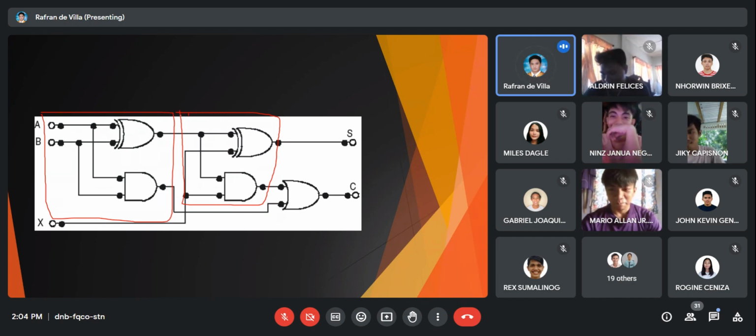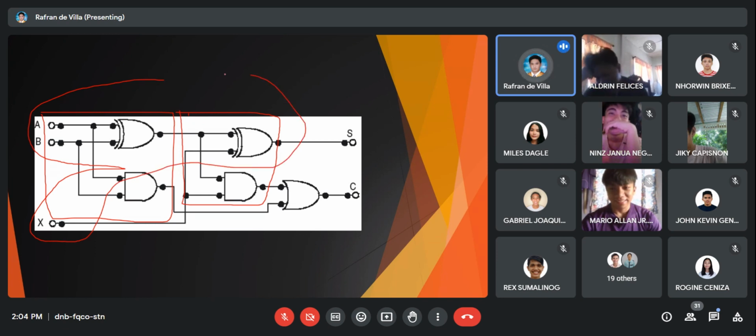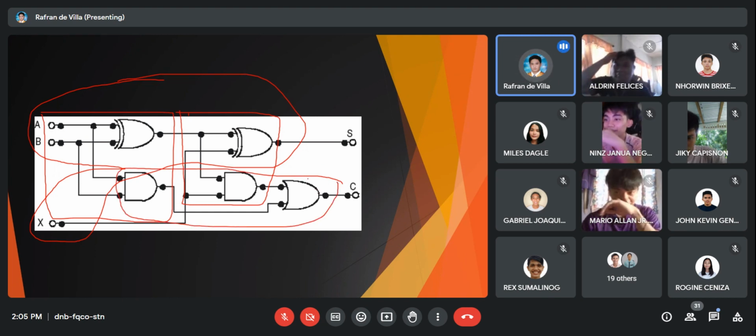The difference here is, if you look at it, the sum is now taken from the XORs of the inputs. And the carry is also taken from the carry of the half adder. But of course, the final output is the OR.